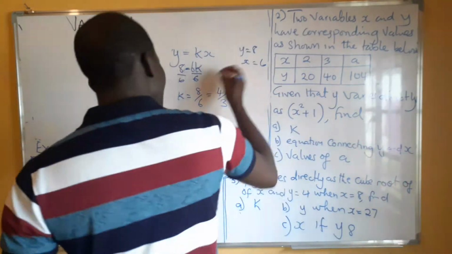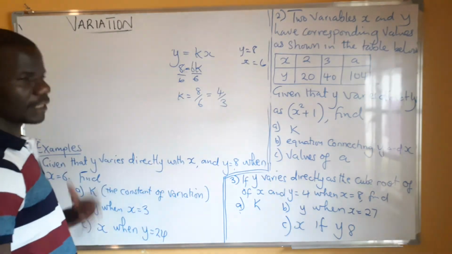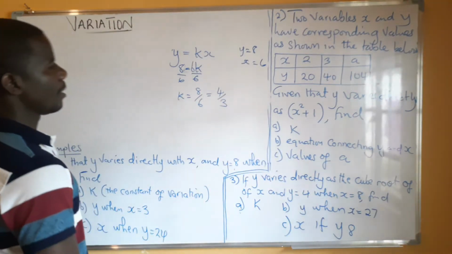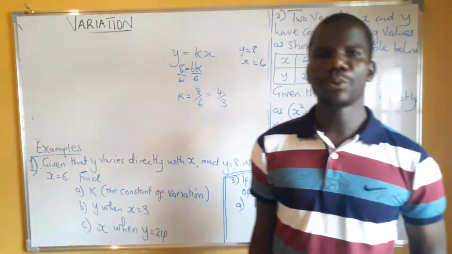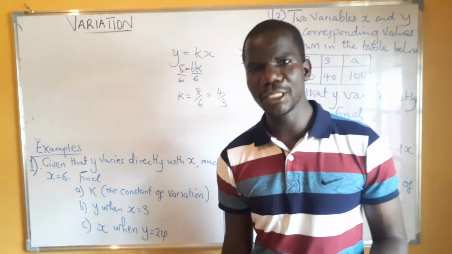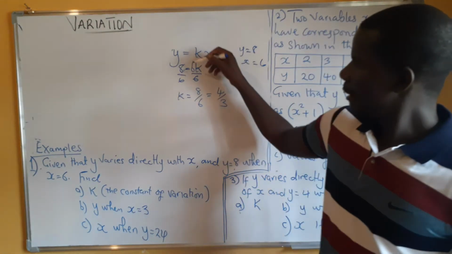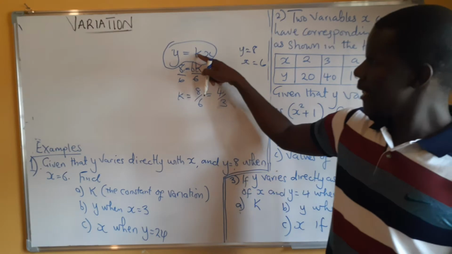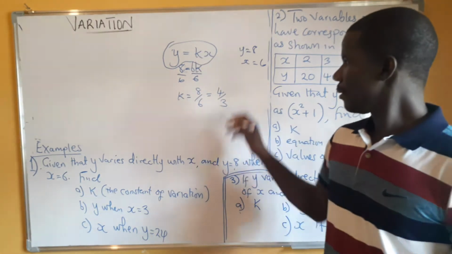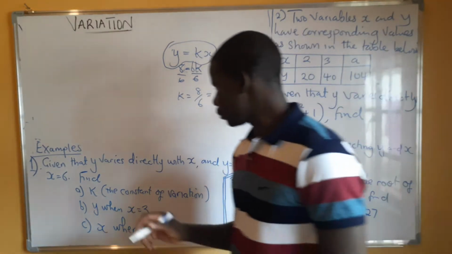Now, after we have found the value of k, which is the constant for the variation, we need to write the equation that we are going to work with. How do we write the equation? We go back to this part. Where there is k, since we now know the value of k, we write this fraction which we got.